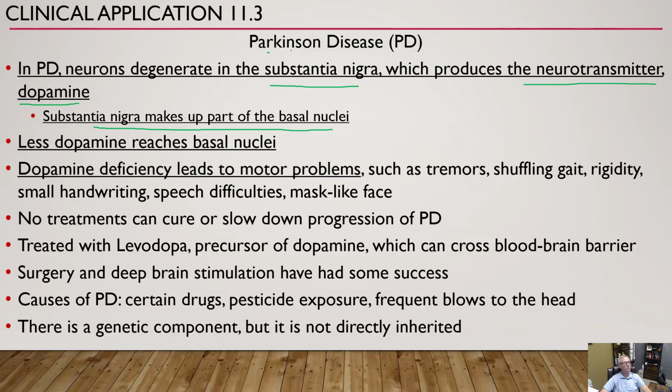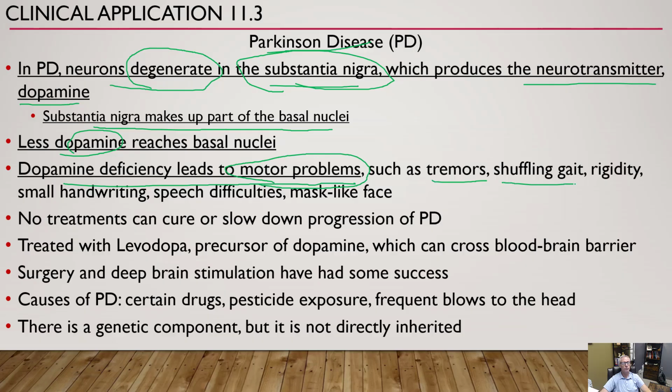And in Parkinson's disease, basically the neurons in this substantia nigra degenerate. And therefore, you have less dopamine. And this decreased dopamine, remember dopamine is responsible for voluntary skeletal muscle movement. So you're going to have less dopamine, less motor movement, less motor control.